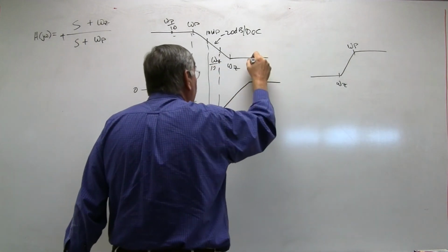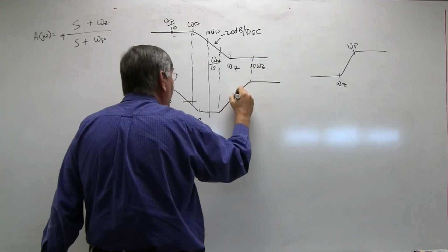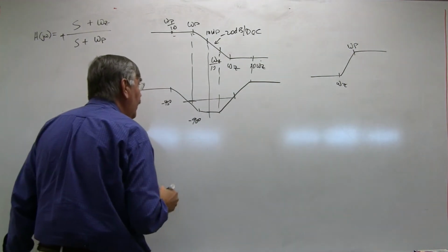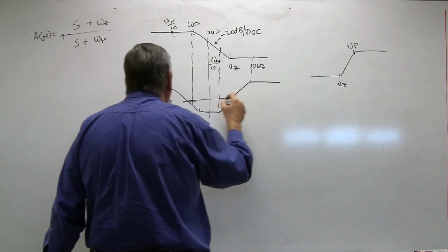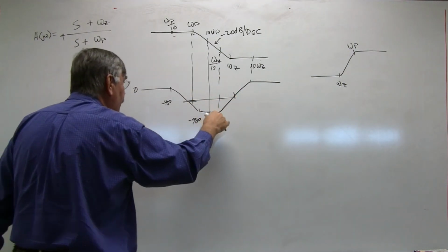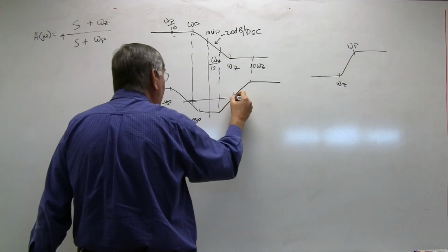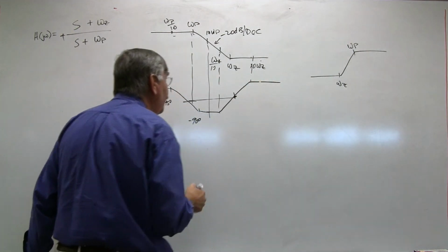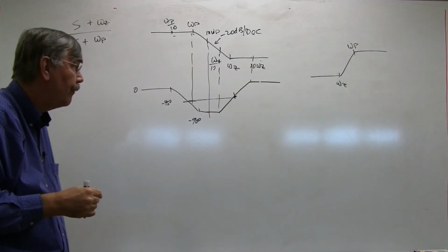It'll reach this one by the time, so at omega z, we'll be back up to minus 45. So we just add these things. So this is the total phase that we would get, starting at 0, hitting minus 90, working its way back up to minus 45 at omega z, and then completely flattening out 10 times above the 0 frequency.